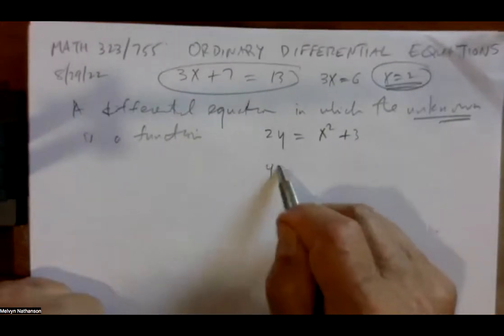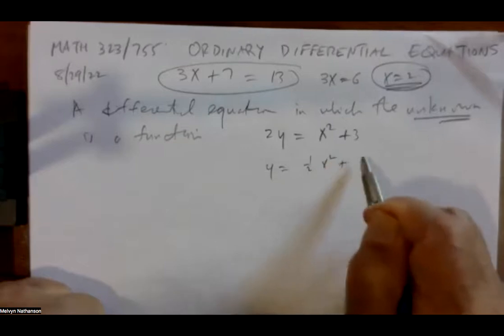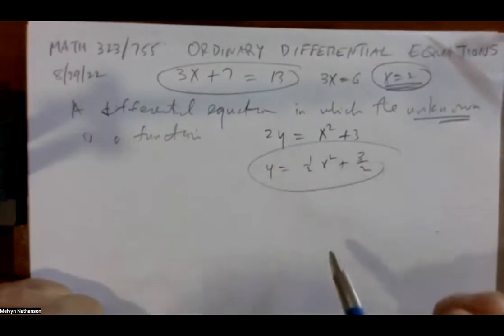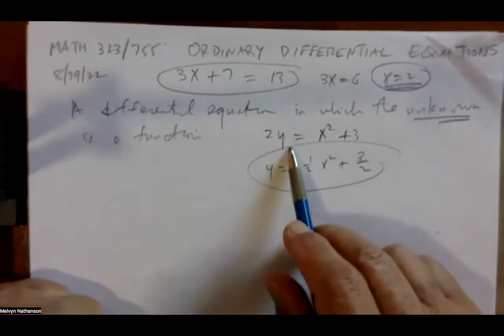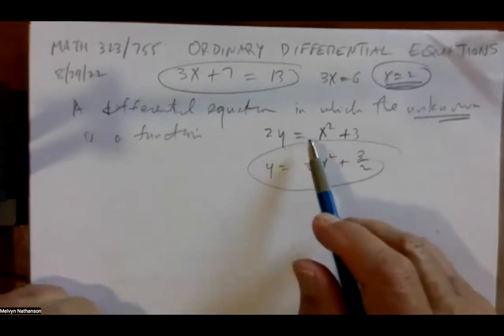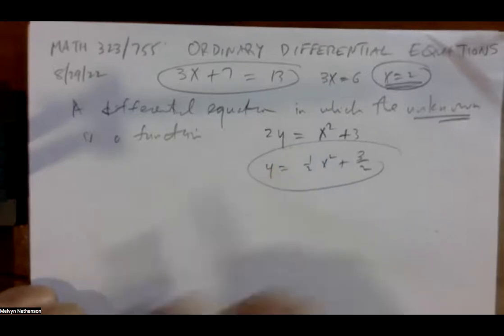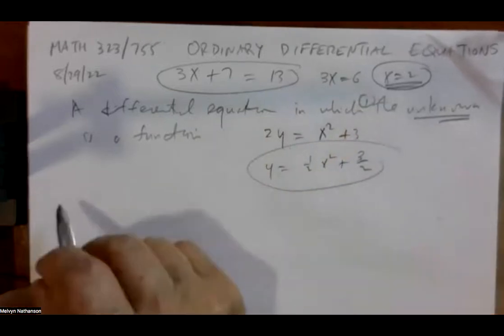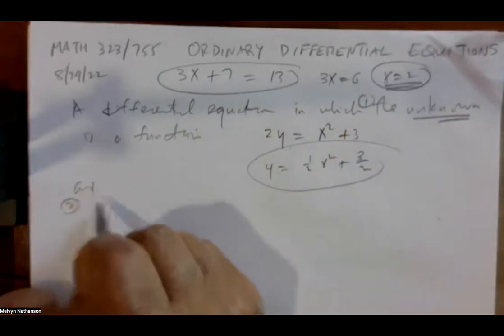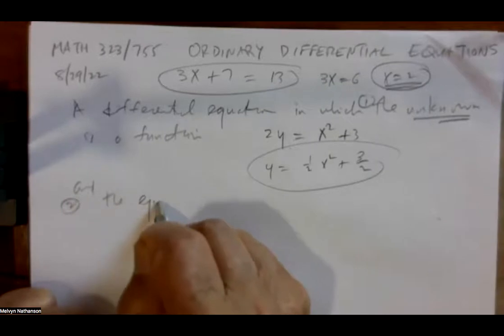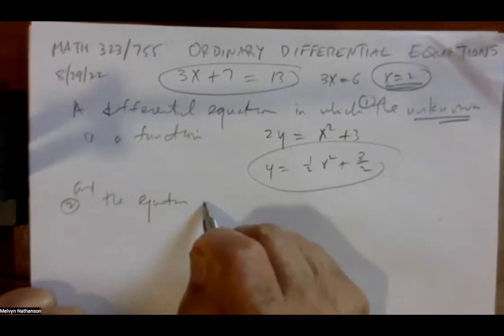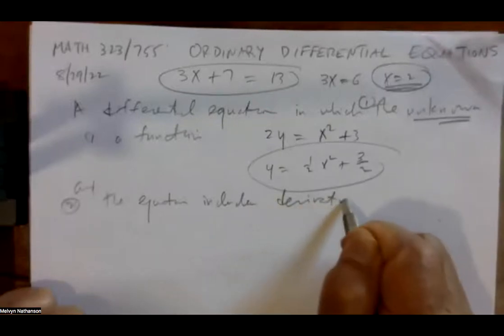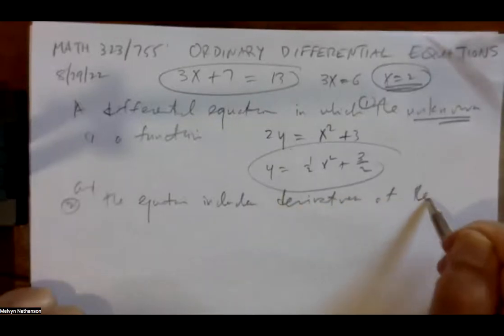And the solution would be y = (1/2)x² + 3/2. That would be the solution of this equation. This is just an equation where the unknown is a function, but it's not a differential equation. A differential equation is an equation in which, first of all, the unknown is a function, and the equation includes some derivatives of the function.